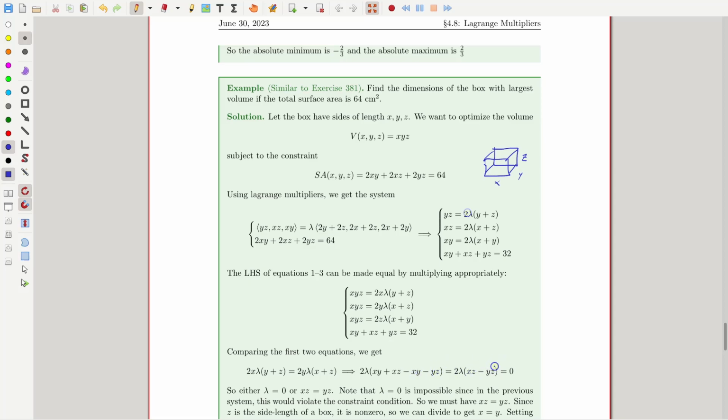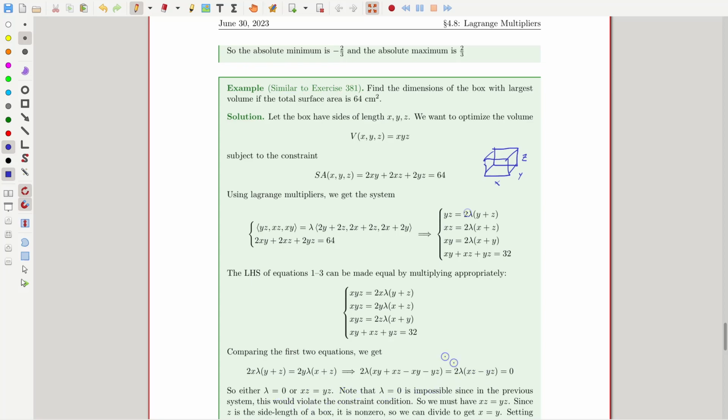xz minus yz is equal to 0. And I don't bother factoring here. I think that's okay, because I could have factored an extra z out, but the reason I don't care to do so is that these terms show up here, so it's a bit nicer in form if we just consider things using these quantities xz and yz.